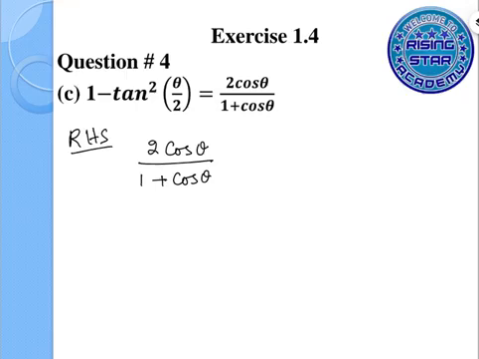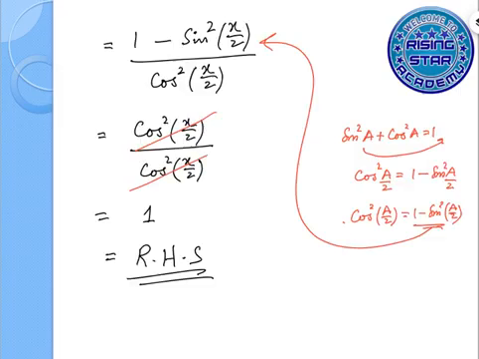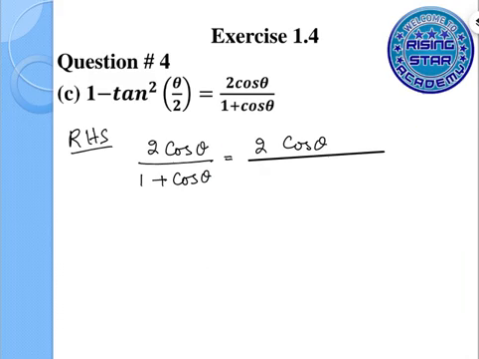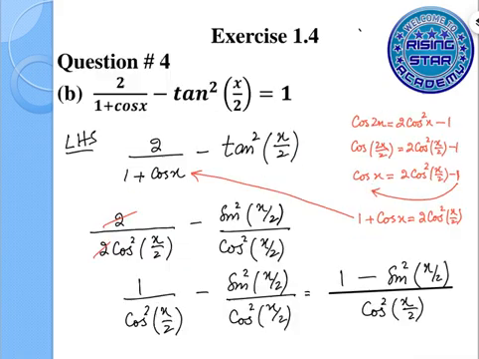So in the next step, we will write 2 cos of theta, and we know that 1 plus cos theta, in this part, 1 plus cos of theta is equal to 2 cos square of x by 2. So I will put this formula over there.